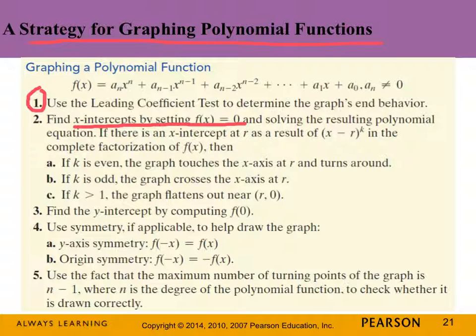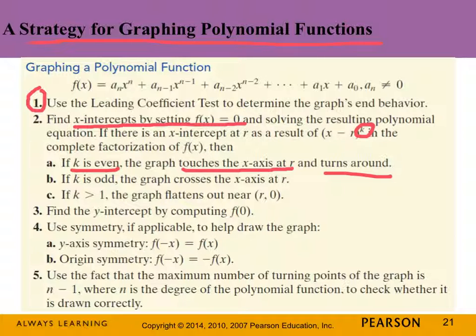Once you find those x-intercepts, or we also call those the roots, you look to see how many times those roots are used as an exponent, or we're finding the multiplicity. So if the multiplicity is an even number, then the graph just touches the x-axis at that root and turns around.